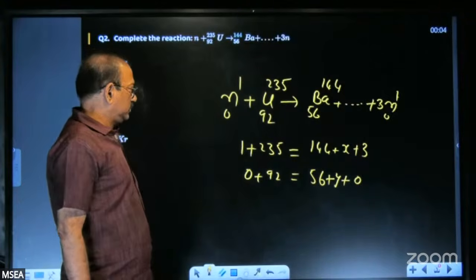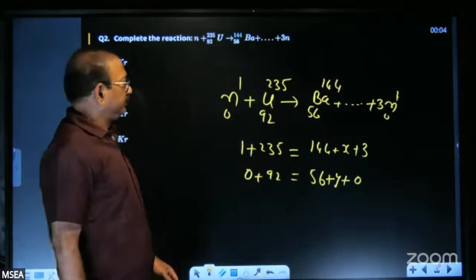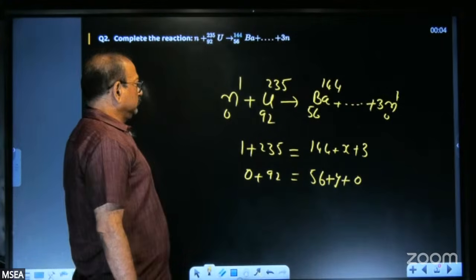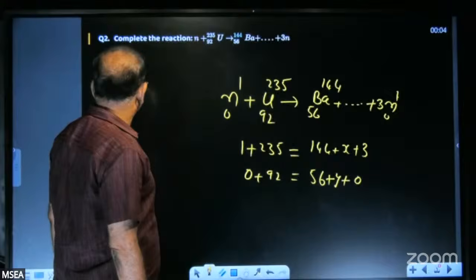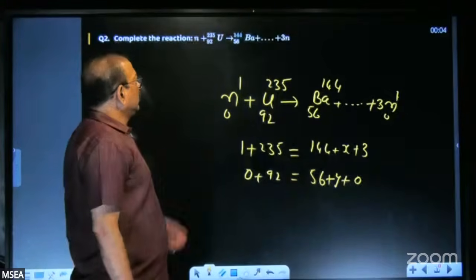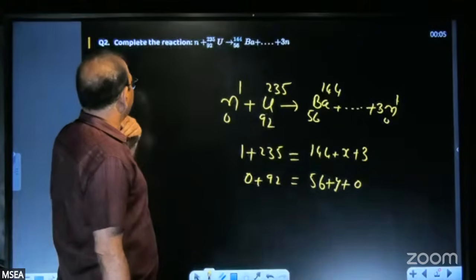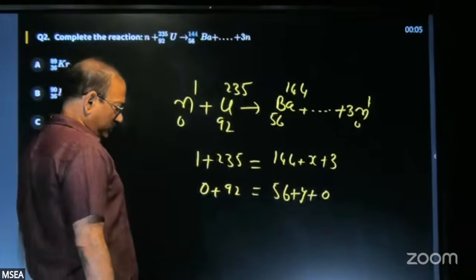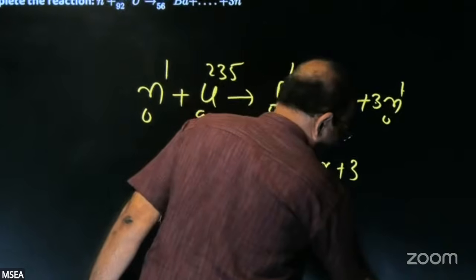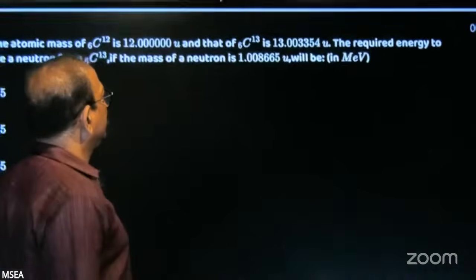Find that. Just balancing both sides, atomic number and mass number, you will get it. Easy problem. This is nuclear physics. I told you now, very direct, easy questions will be there.